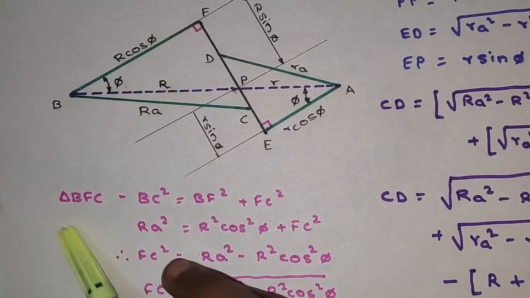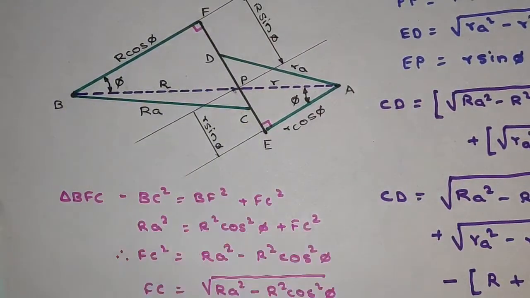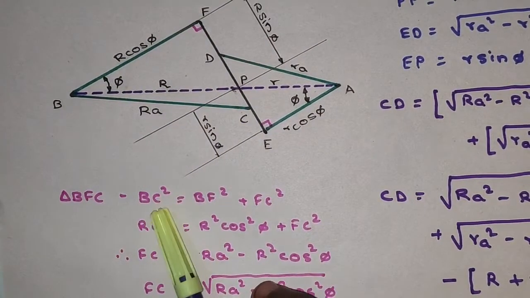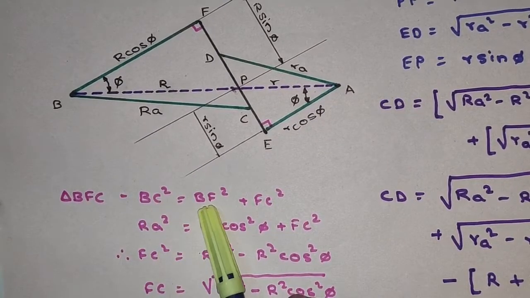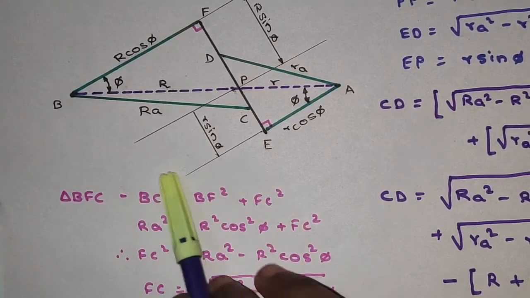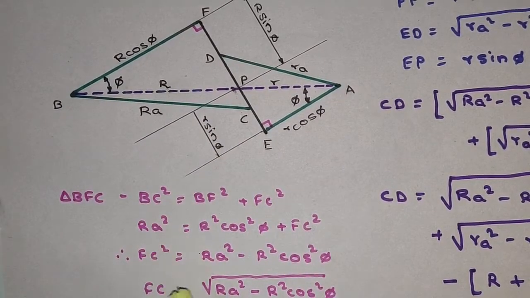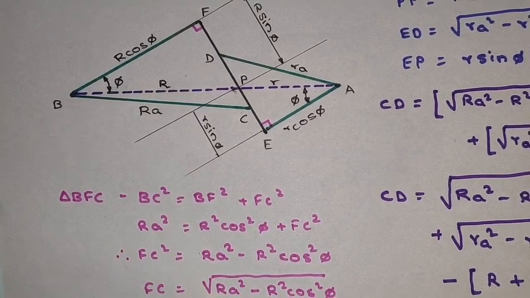So let us focus on triangle BFC, this green triangle. We have BC square is equal to BF square plus FC square, from the Pythagoras theorem. Upon simplifying this, we get FC is equal to root of RA square minus R square cos square phi.